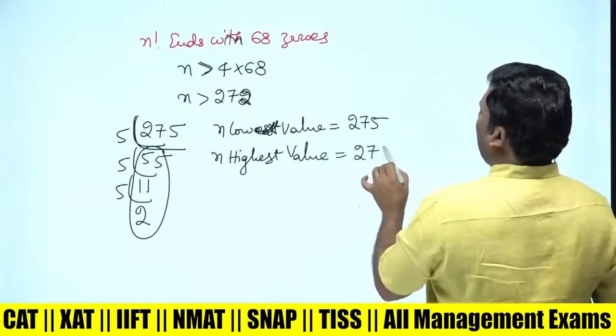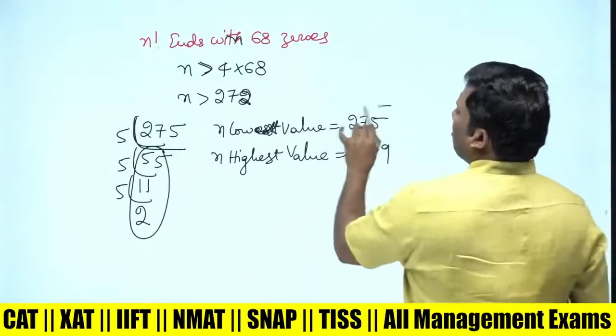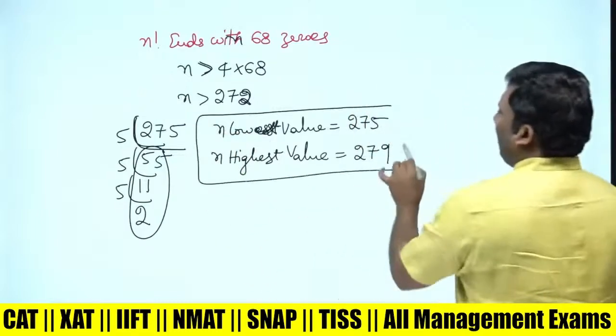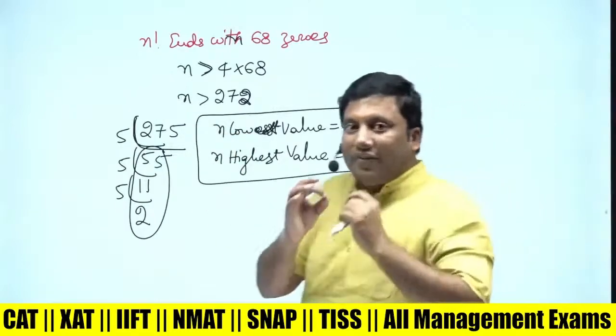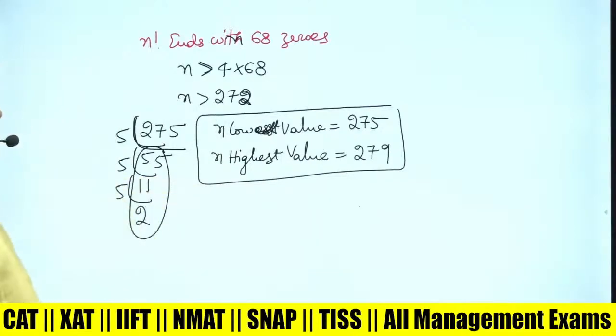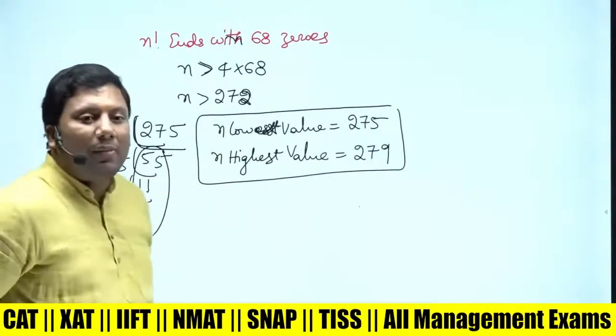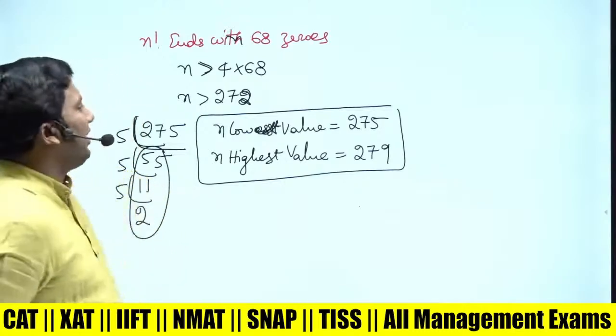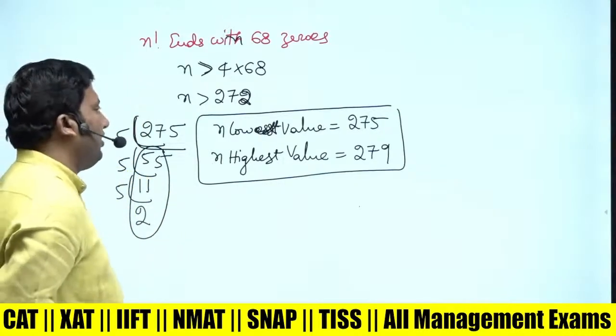Till 279, the number of zeros will not change. Very, very easy question. N factorial ends with x zeros, n is greater than 4x, so n is greater than 272. The multiple of 5 just greater than 272 is 275.